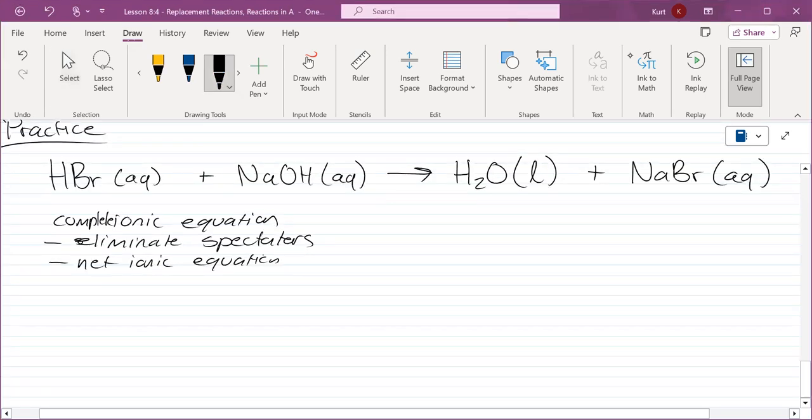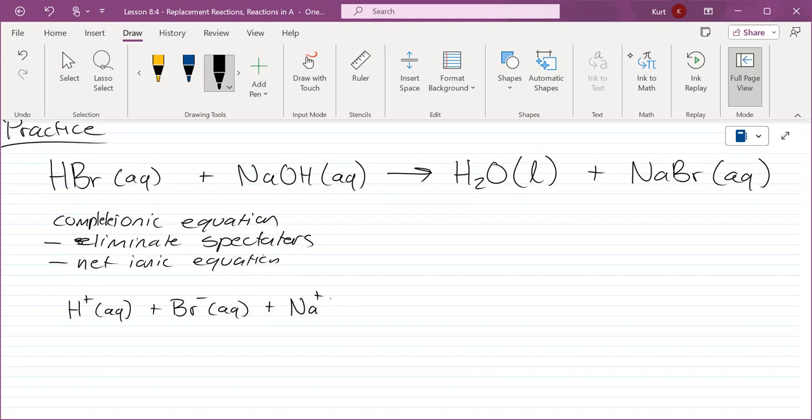Okay. Hydrogen bromide breaks up into a hydrogen ion with a positive 1 charge and a bromide ion with a negative 1 charge. Sodium hydroxide breaks up into a sodium ion with a positive 1 charge and a hydroxide ion with a negative 1 charge.